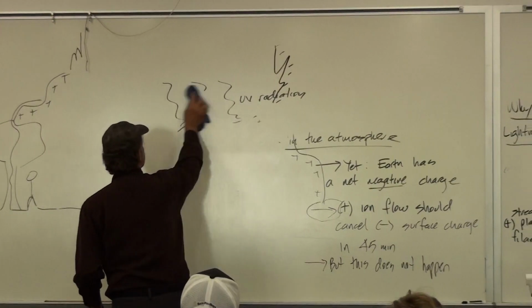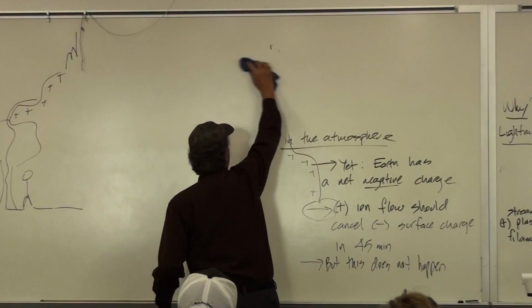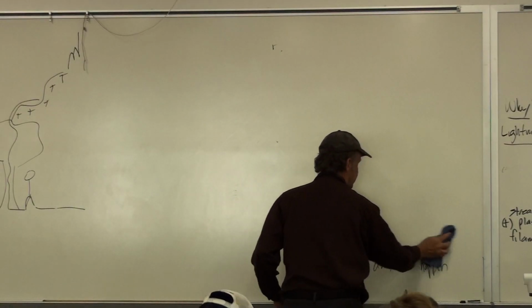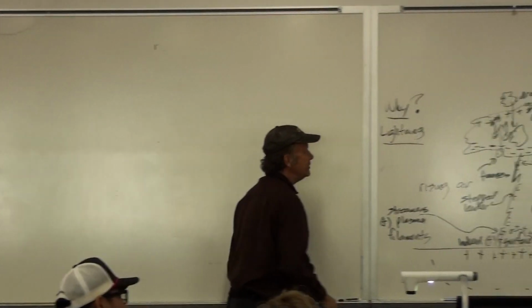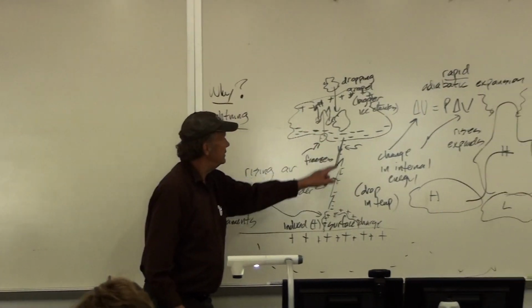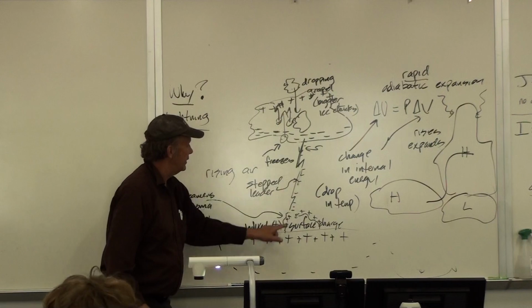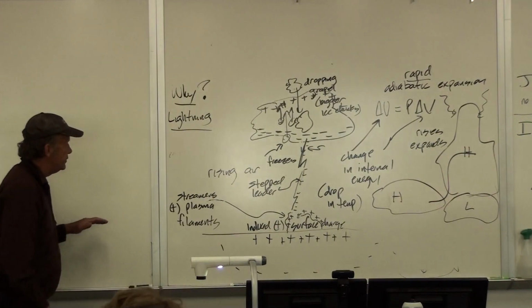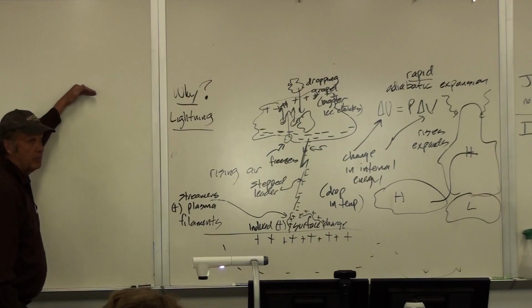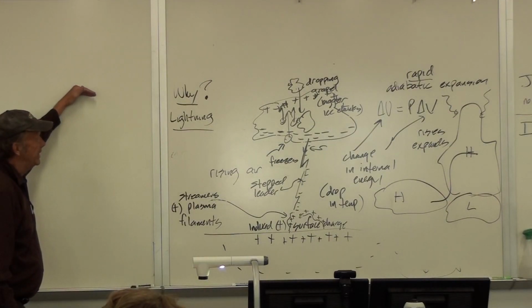This also looks at the possibility that lightning can go, in some situations, in the opposite direction. Normally, this is the situation. Usually, when lightning strikes the ground, it goes from cloud to ground. But there are other situations where you can have the surface more negatively charged and more positively charged up, for example, in the higher atmosphere.